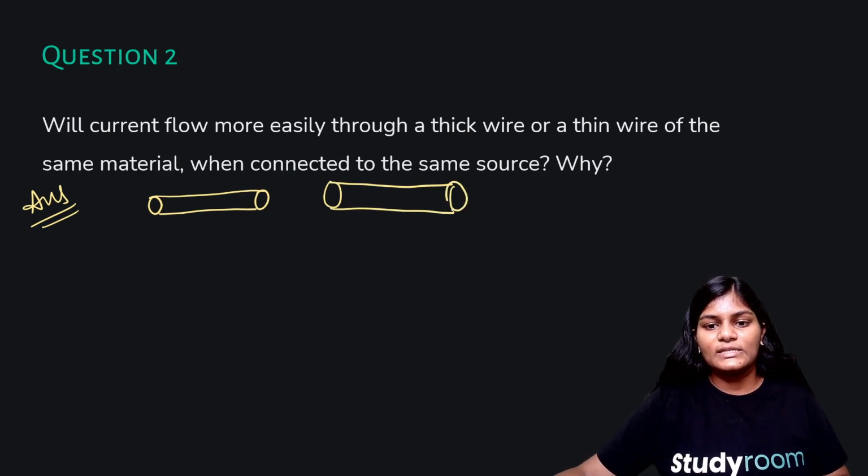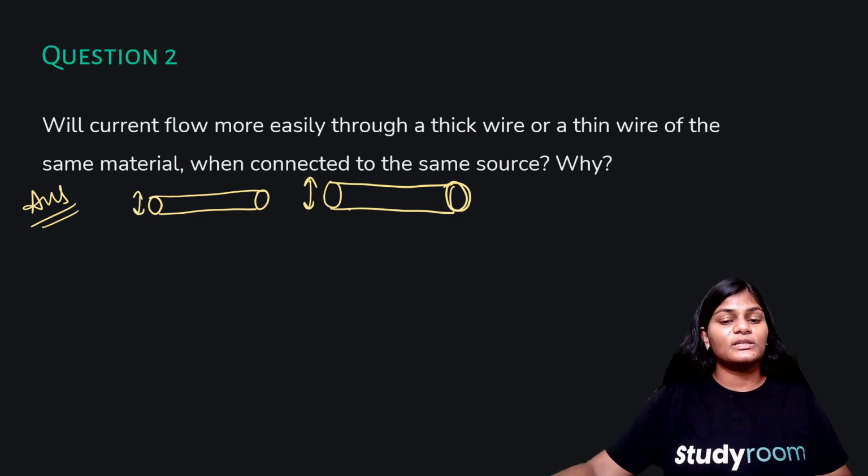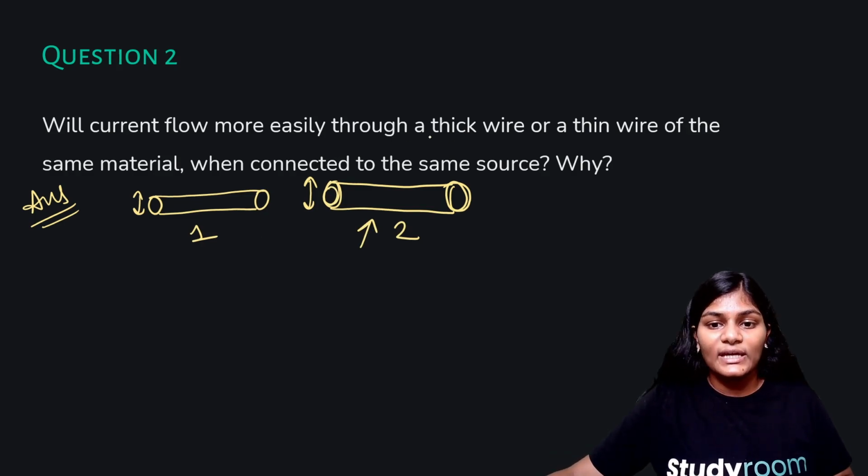You can clearly see that this area is much less than this area. This area is so much more, the area in this wire, right? Wire 2 compared to wire 1. So it says in which would the current flow easily, through a thick or a thin wire.